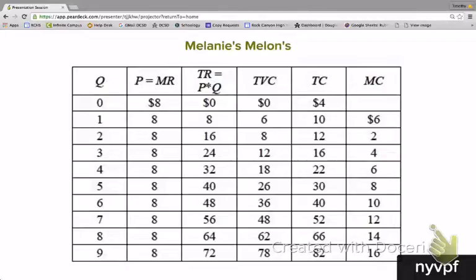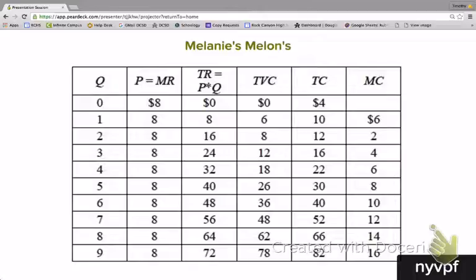How do we know this? Well, recall that we can tackle the decision to produce as step-by-step answers to a simple yes or no question. If we produce the next unit, will the additional dollars received in revenue, the marginal revenue, at least outweigh the additional dollars incurred in cost, marginal cost? If marginal revenue is greater than marginal cost, then we should produce that unit.